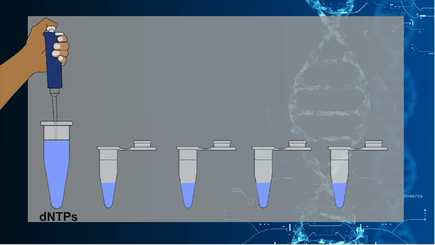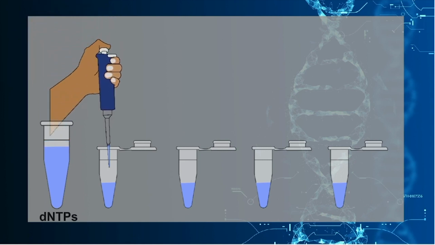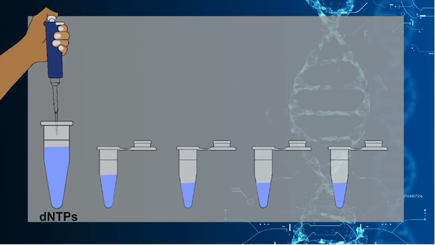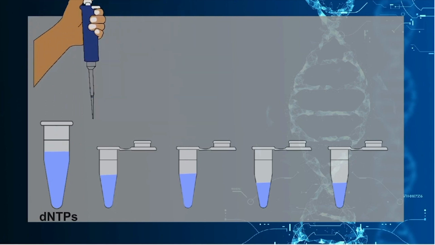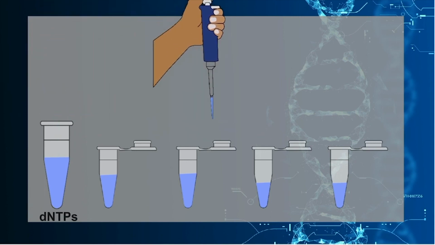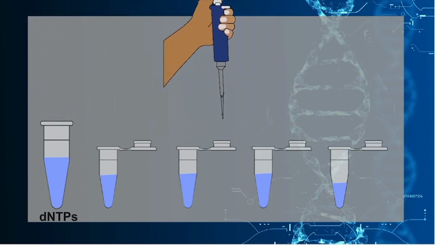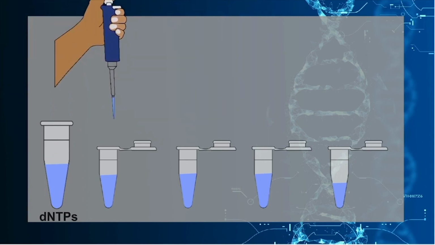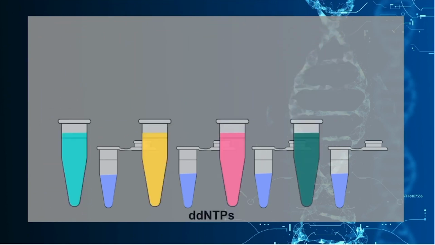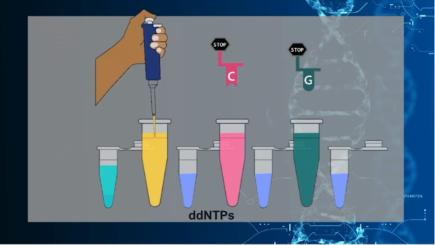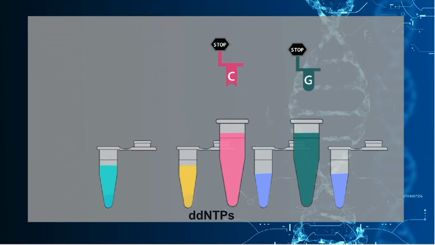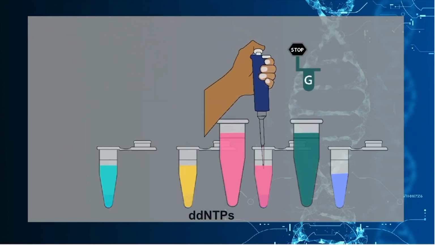You have to add all 4 nucleotides, C, T, A, and G, in all the 4 reactions. And in the subsequent step, you are going to add the dideoxynucleotides.